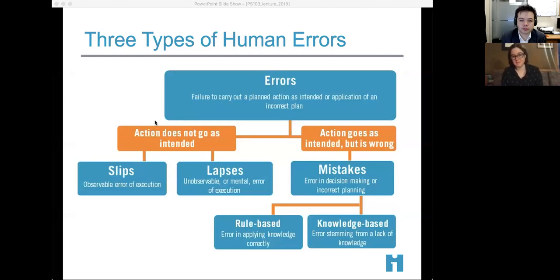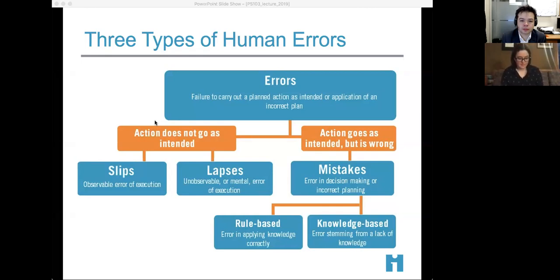That's a mistake. A slip is an action that does not go as intended, but it's an observable error of execution. In my definition, it results from the failure in execution of an action, whether or not the plan behind it was adequate to reach its objective. So something is misdirected.